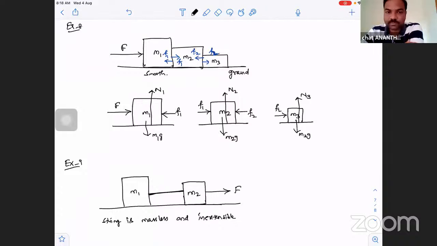So what is the difference between the above situation and the below situation? In the above situation, objects are in contact, so there is a normal force or contact force acting between the objects. But in the below situation, objects are connected by a string. Then what type of forces will act on the objects?